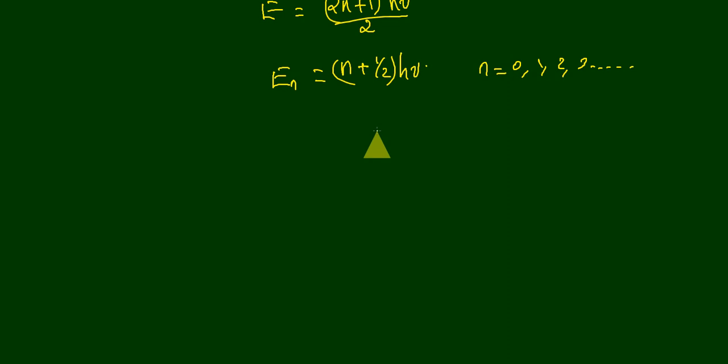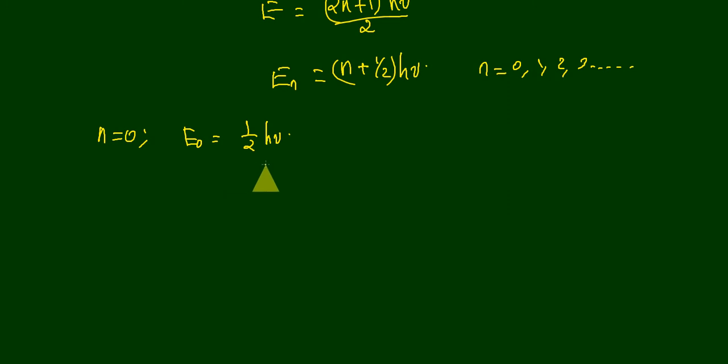Okay, so what are the possible energies when n is equal to 0? When n is equal to 0, then E0 is equal to (n plus half) into h nu, that is 0 plus half into h nu, or half h nu. Okay, that is the minimum possible energy, half h nu.